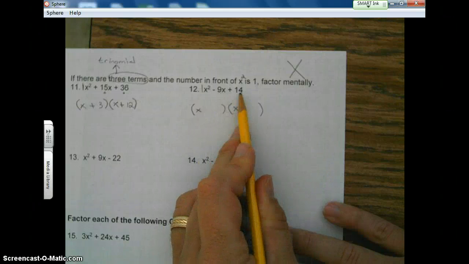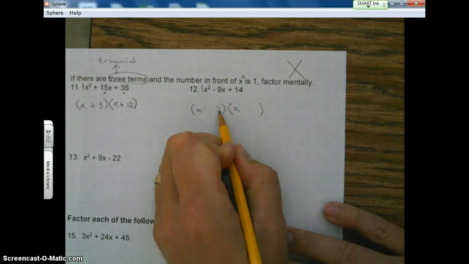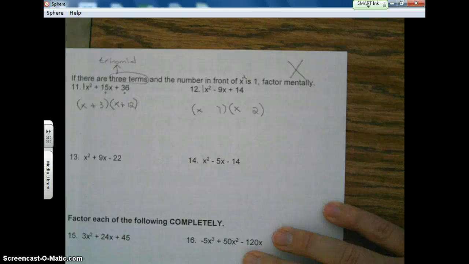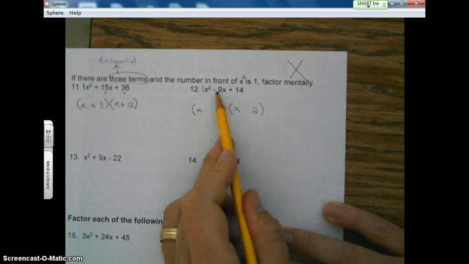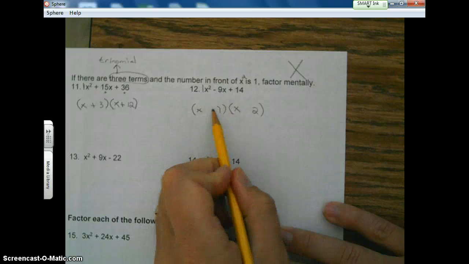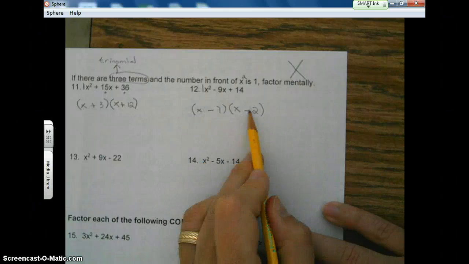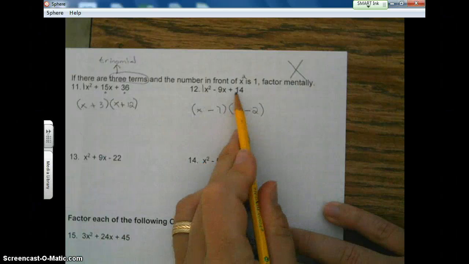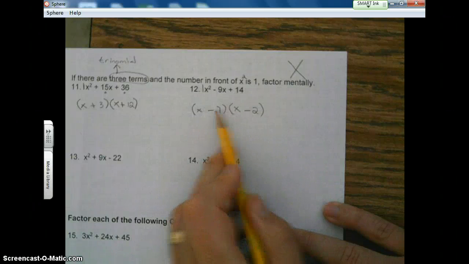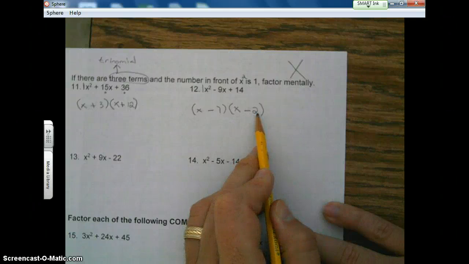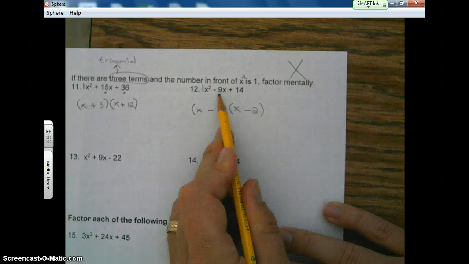Well, 7 and 2 will give us 14. Okay? But we want the middle number to be negative 9. So we're going to do negative 7 and negative 2. Negative 7 times negative 2 is 14. Negative 7 plus negative 2 is negative 9.